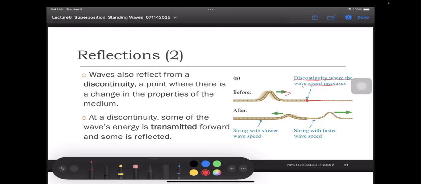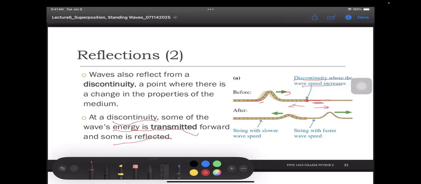At a discontinuity, some of the wave's energy is transmitted forward and some is reflected. You can see here is a string, here is a different string, and when the wave meets here, it will reflect some and transmit some. Does it make sense to you?